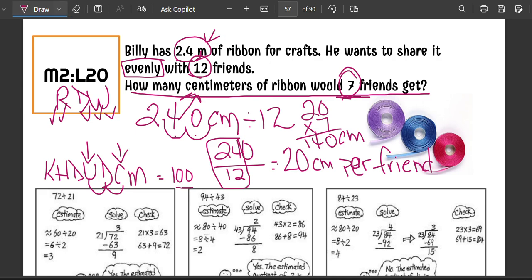I need to write 7 friends will get 140 centimeters. I don't write very well on here. All right, 7 friends will get 140 centimeters.